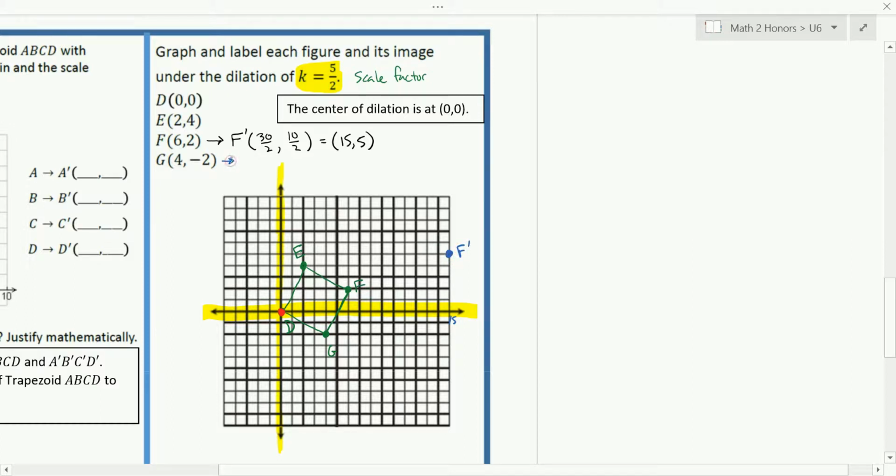How about G prime? So 10, negative 5. Okay. And how about D prime? 0, 0.